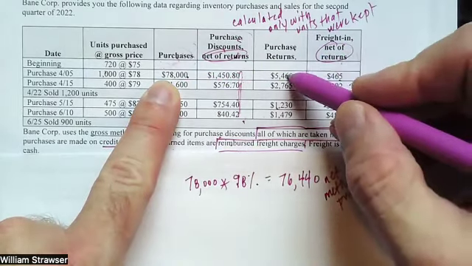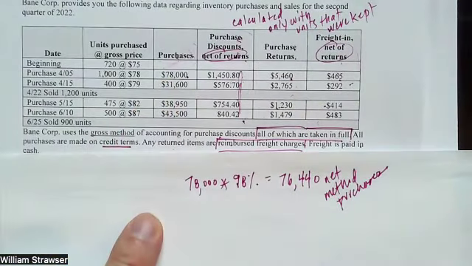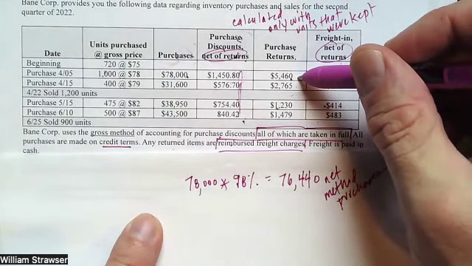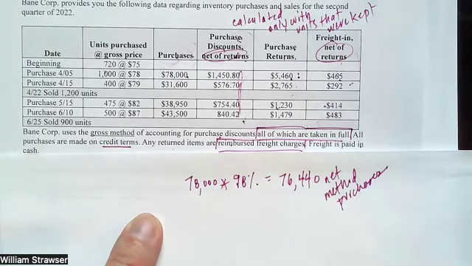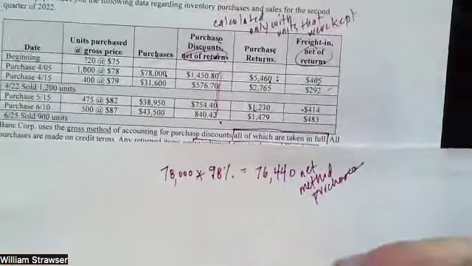And then the purchase returns would also be affected by the discount because instead of valuing my returns at the gross price per unit, I would value them at the net of discount price per unit. And so in this example, we said that we had 70 units returned.